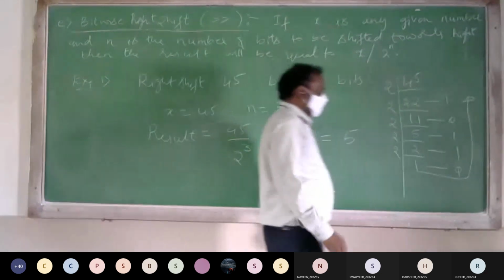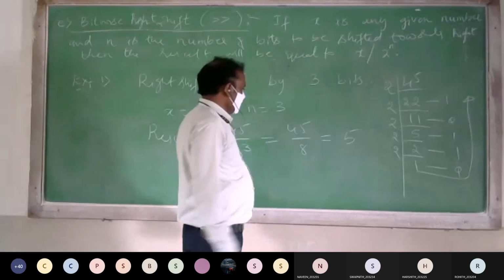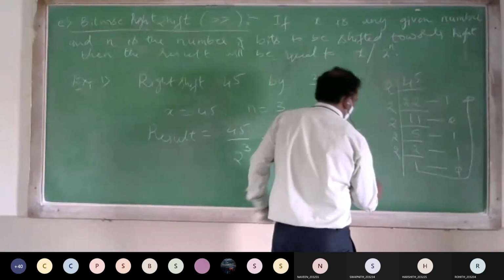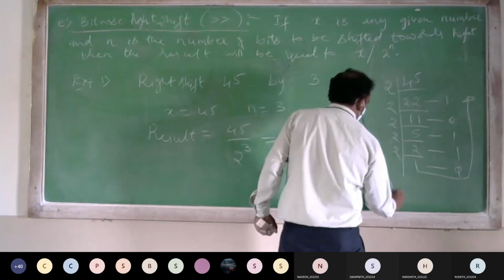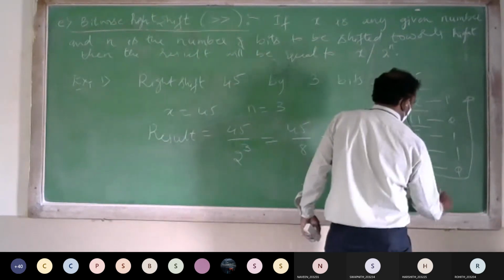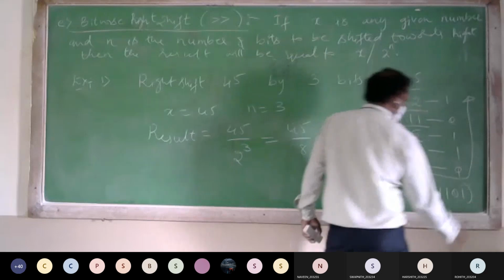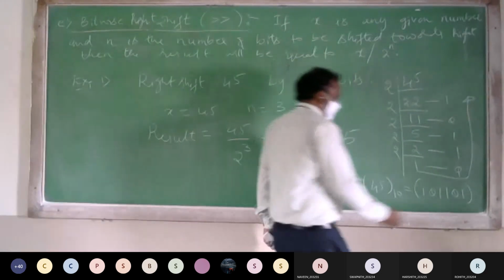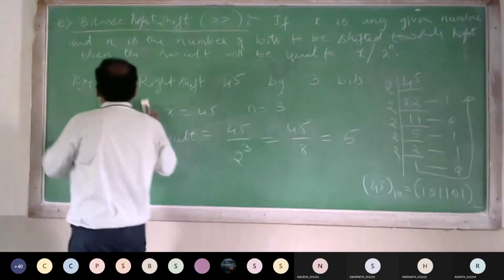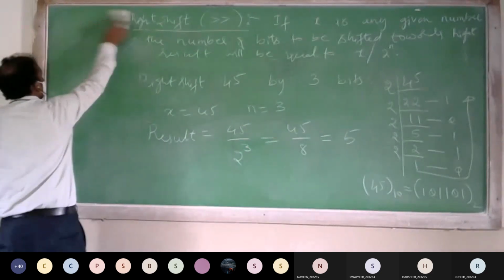When you get 1, stop here. Now 45 decimal is equal to 101101 in binary. Binary means base 2. Now I will arrange this one.